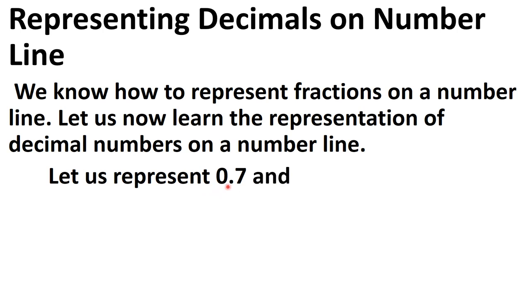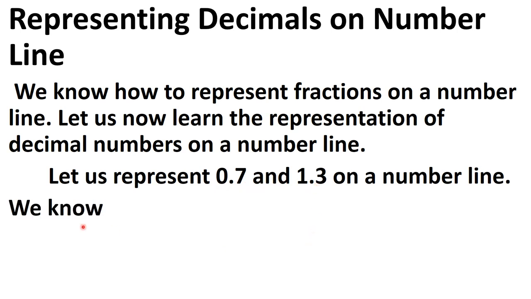Let us represent 0.7 and 1.3 on a number line. It will be more clear to you with the help of this example. Now we will mark 0.7 and 1.3 on a number line.